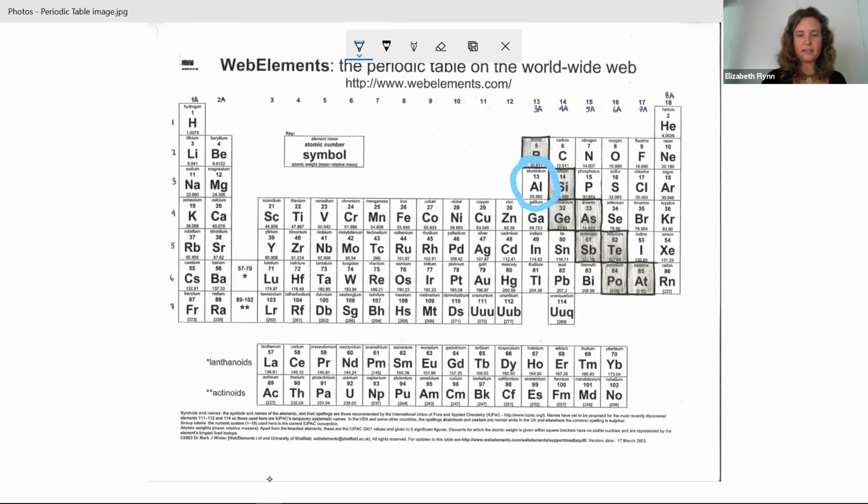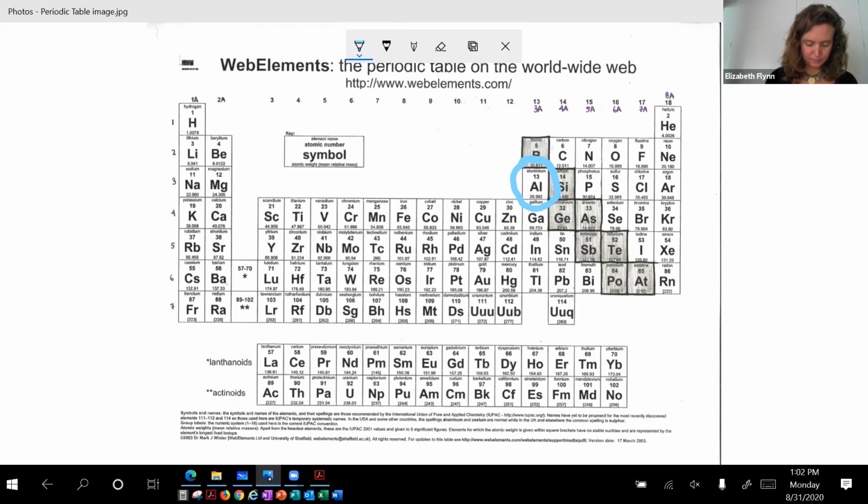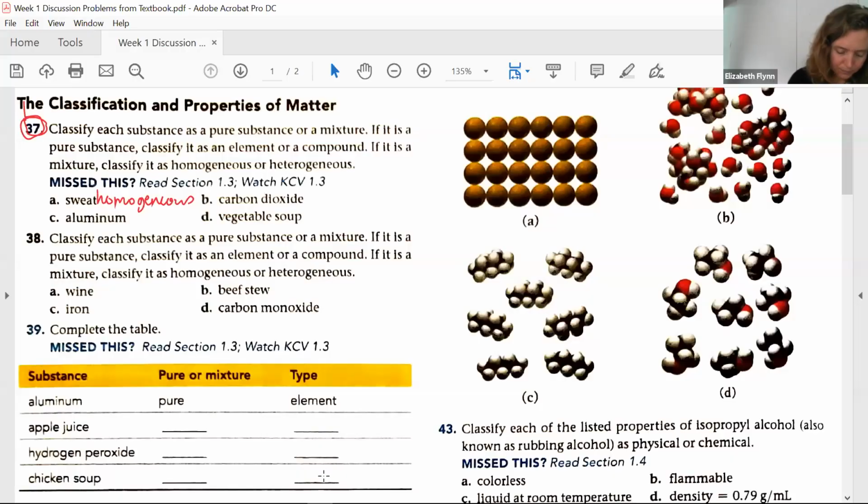So if we can see it on the periodic table, then we know it's an element, right? And if it's an element, it must be a pure substance. So that's one way to tell. So element, or we can call it a pure element. That's the way to put it all together in one phrase.